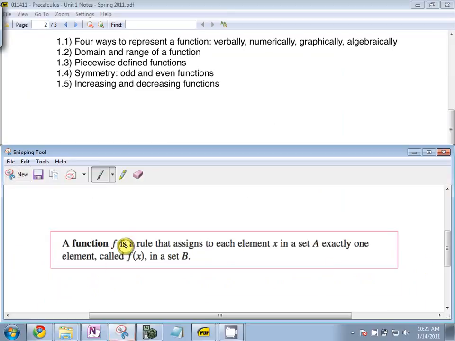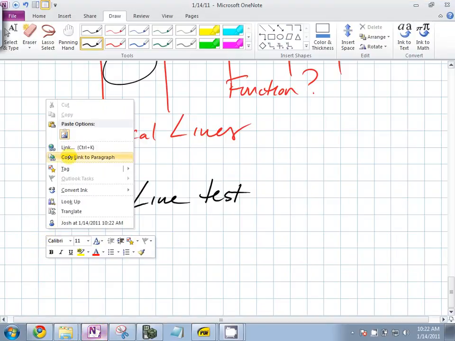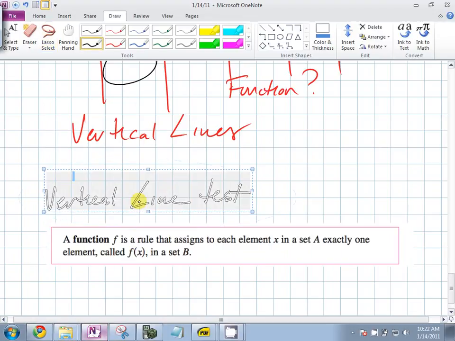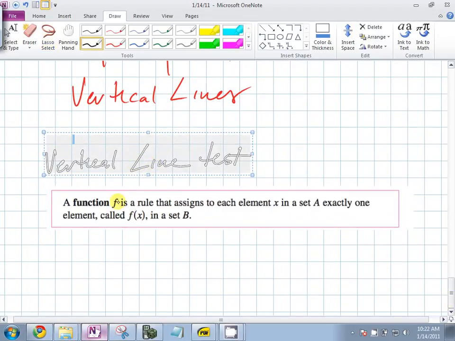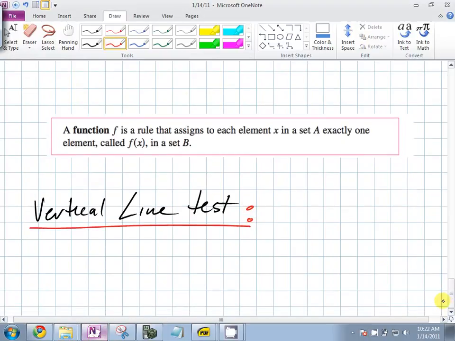Sometimes you hear rule. But then for the vertical line test, how would you want to state it? A relation, I'll get you started. A relation is a function if what?